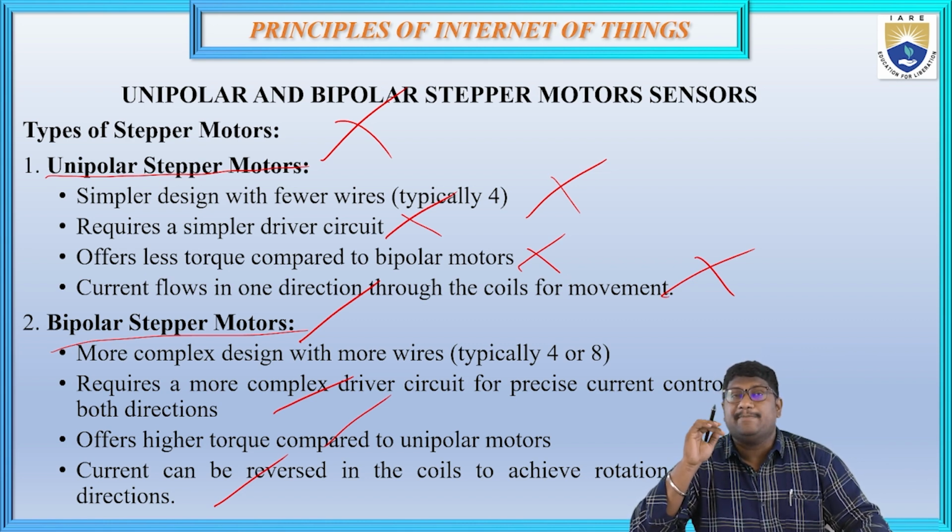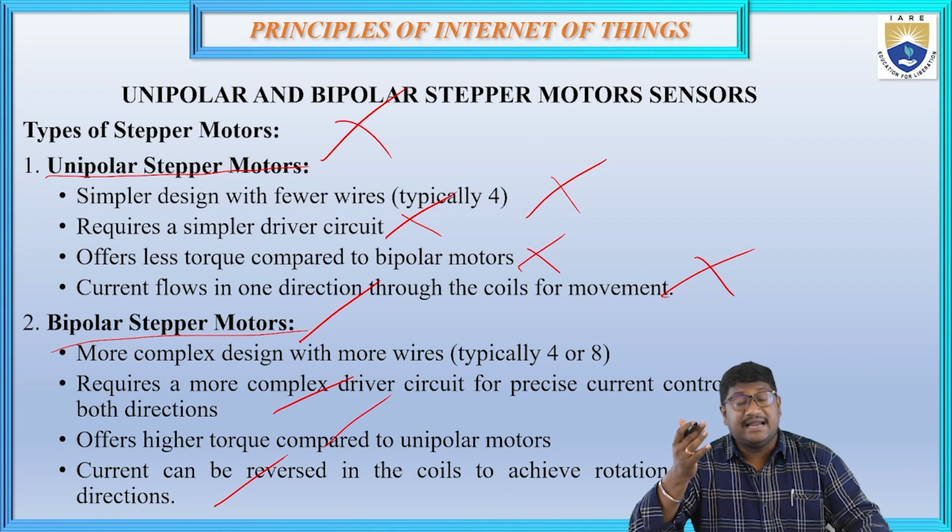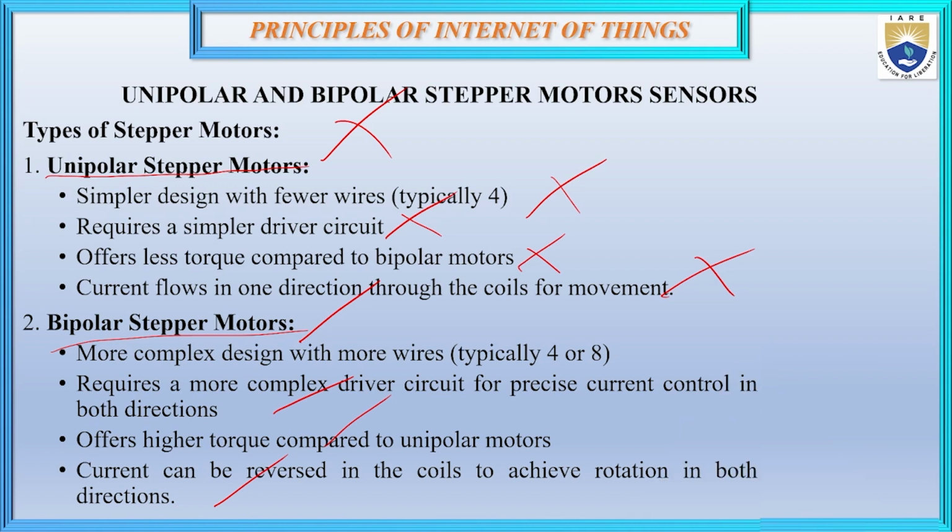Coming to the bipolar stepper motor, it is quite the opposite. Here I am using more complex designs with more wires, like 4 to 8. When I compared with unipolar, I used only 4 wires, whereas here I am using 8 wires. Got it, guys?